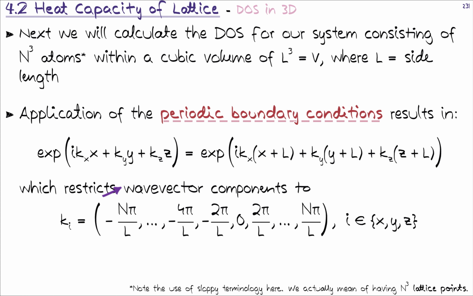And here, as we can see, this variable is essentially an integer of 2 pi over L that is the step between each k point. So we see that indeed we could equally well sum over some integers instead of summing over kx and ky and kz in the sum over states.